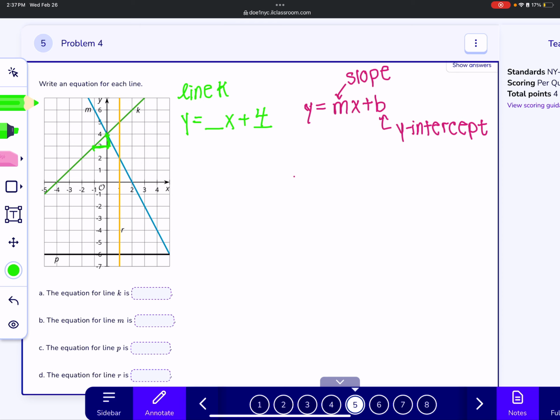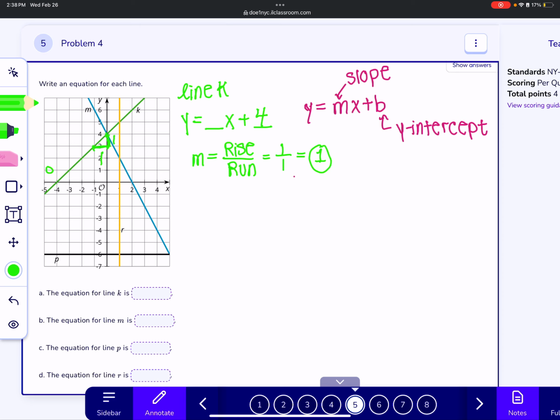And I see here that the rise is 1, the vertical distance is 1, and the horizontal distance is also 1. So when I calculate slope, m, of rise over run, or the change of y over the change of x, we see here that we can simplify it to 1 over 1, or just 1 for our slope.